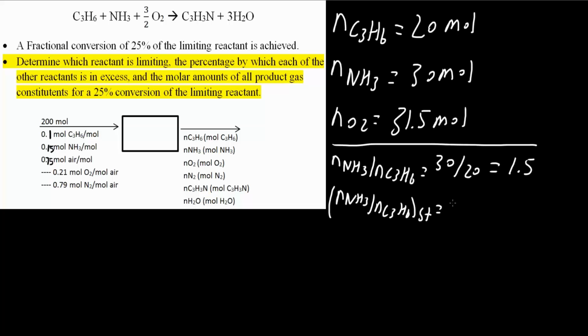So 1 divided by 1 is equal to 1. Now we can see that in the real situation, we have 1.5, and in the ideal situation, we have 1. And since NH3 is in the numerator, that would mean that NH3 is in excess.